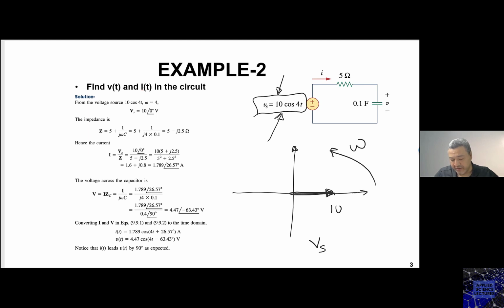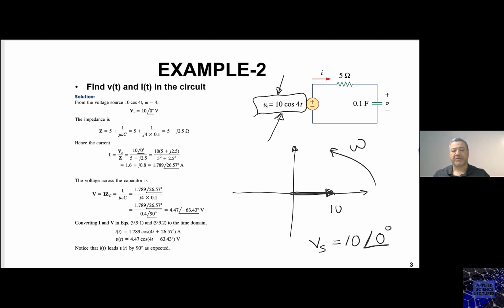So I will say Vs in phasor will be capital, only the amplitude 10 and the phase, which represents the angle, right? So the phase here is 0 degrees. This is important for me to represent this voltage source.